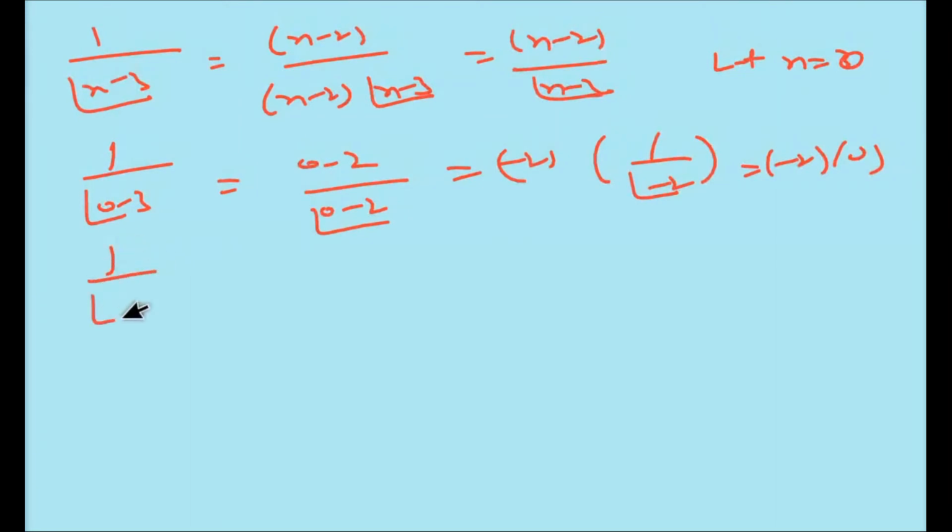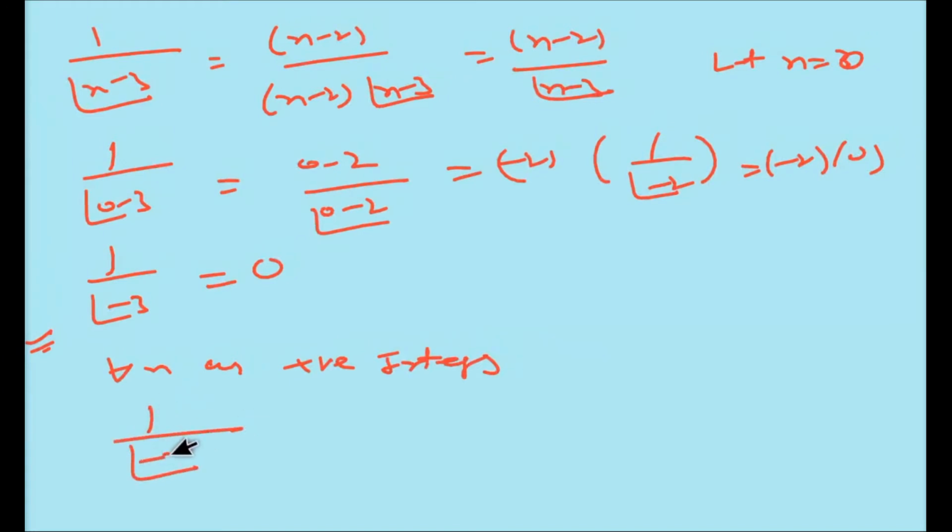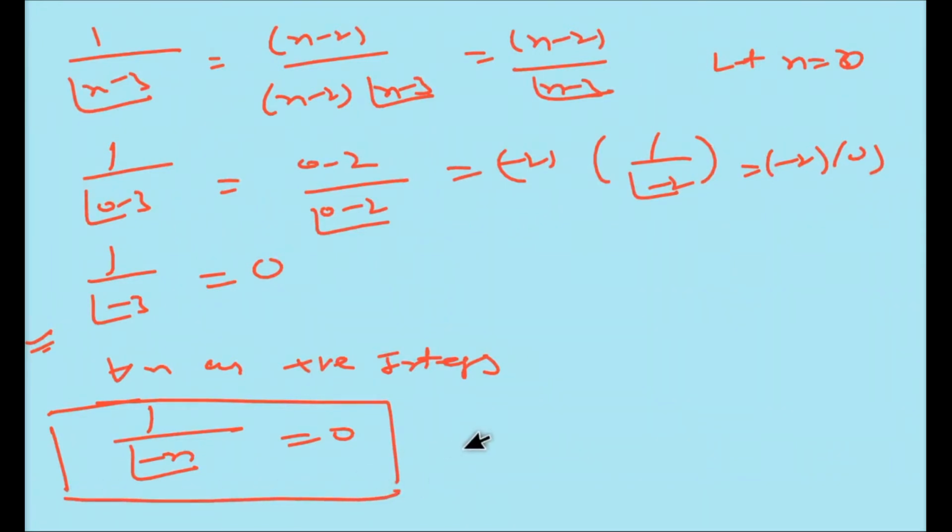So we can say 1 upon factorial minus 3 is also 0. Okay. So this way, for all n as a positive integer, 1 upon factorial minus n is equal to 0. This is a very important point. Okay, note this formula so you can use it correctly.